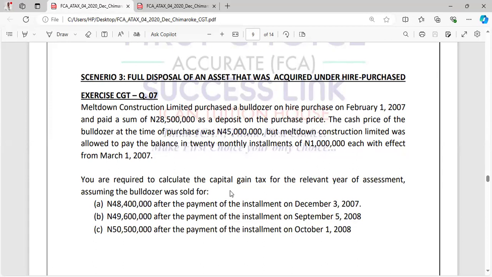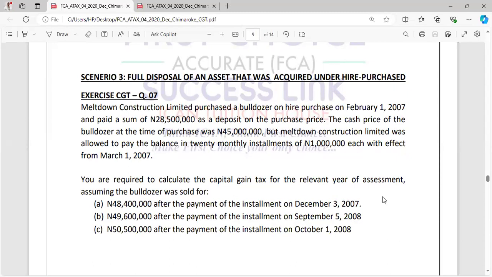So the purchase price is given as a particular figure, but as an initial deposit, you spent 28,500,000 as part payment. The purchase price is also called the cash price. The cash price of the bulldozer at the time of purchase is 45 million. So out of 45 million, the company paid 28,500,000.